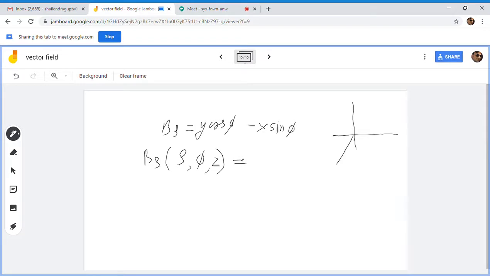Just see what we have done previously. If this is x, y and z, we can make a vector. Let us say this is the b vector.